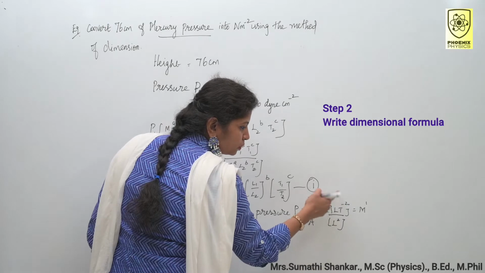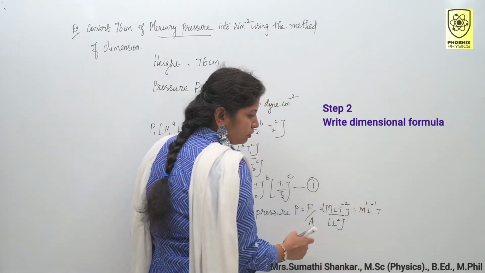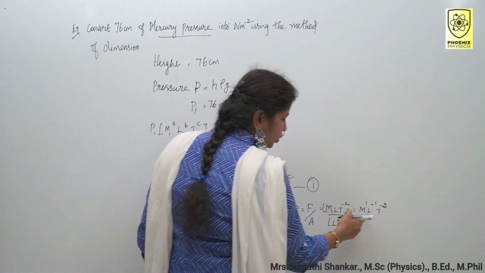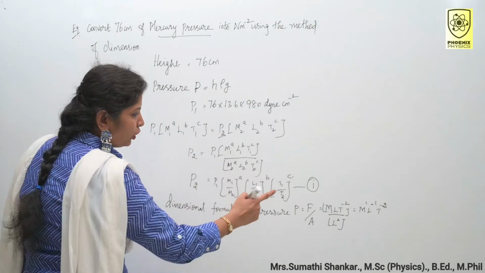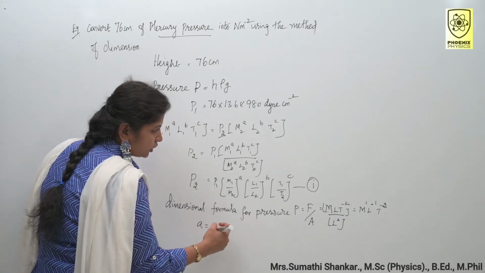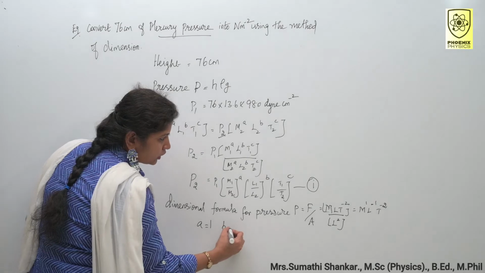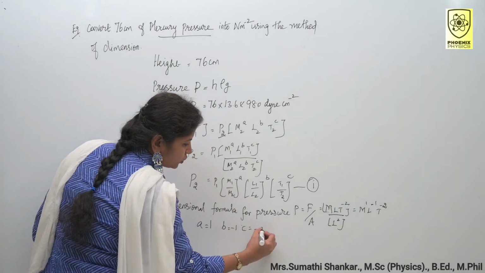So bring this term to numerator, then you can get L to the power of minus 1, remaining T to the power of minus 2. So this is the dimensional formula for pressure. Based on this formula, you can write the powers of dimension, that is A is equal to 1 and B is equal to minus 1, C is equal to minus 2.